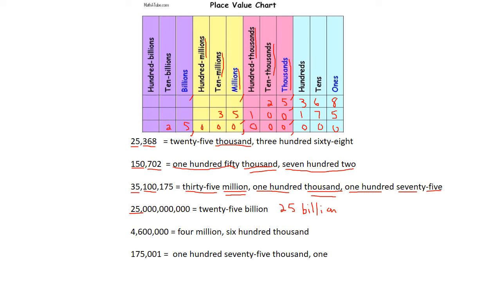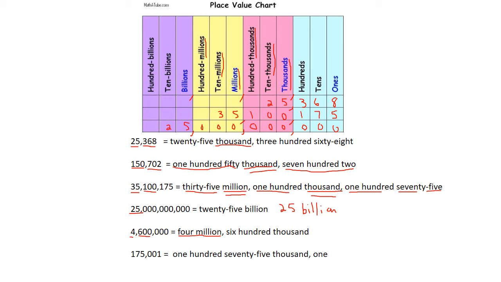When we see this number here, notice how that would be in the millions place. So we would say 4 million, and then we have 600,000, and that would be it. Notice how when we write it, 4 million, and there's our comma, 600,000.